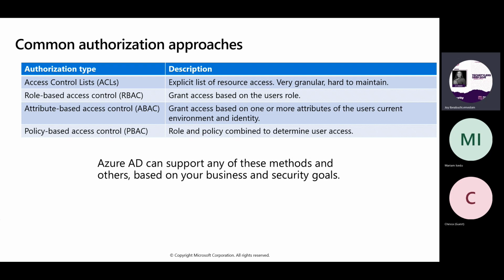So we'll see things like conditional access policies. Conditional access policies can allow you to say things like, this user is connecting from China, do not grant access.